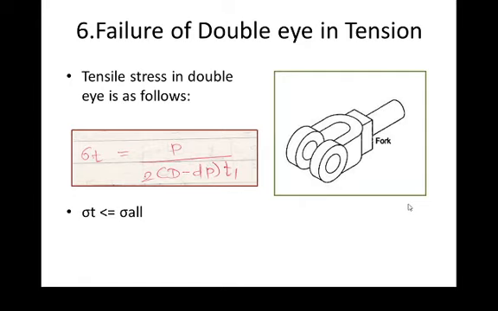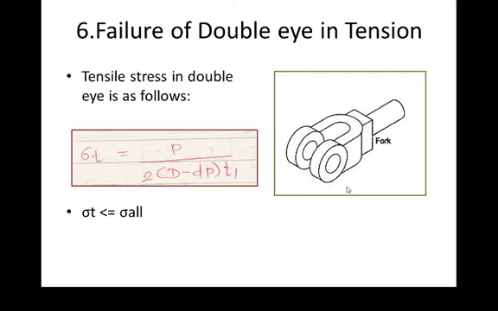Now the next one, the failure of the double eye in tension. How will the double eye fail in tension? This is the cut section where the double eye will fail in tension. Outside diameter minus inside diameter: outside diameter is D, inside diameter is dp, and T1 is the thickness, that is (D minus dp) divided by 2 into T1 into 2 into 2.